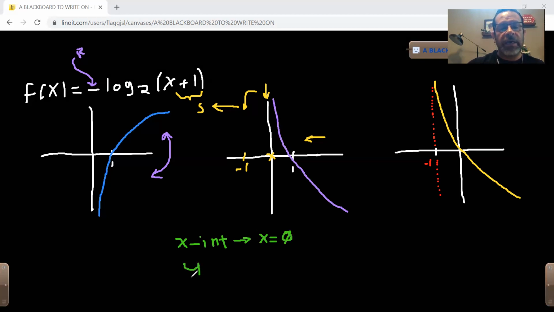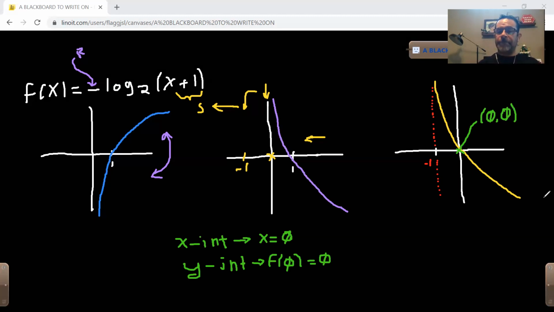And we also had the y-intercept, which occurred at f of 0, which was also going to be 0. That is congruent with our graph because the graph is crossing here at 0, 0, which is congruent with what we had calculated. Okay, and so this would be the graph.